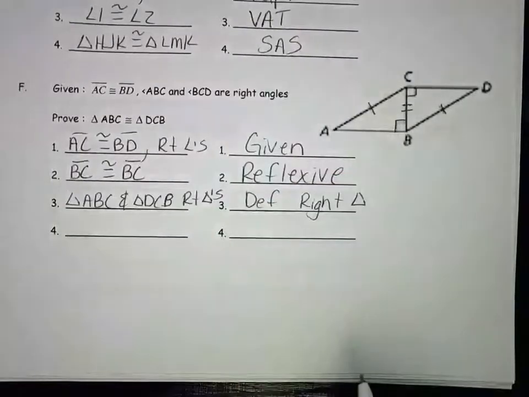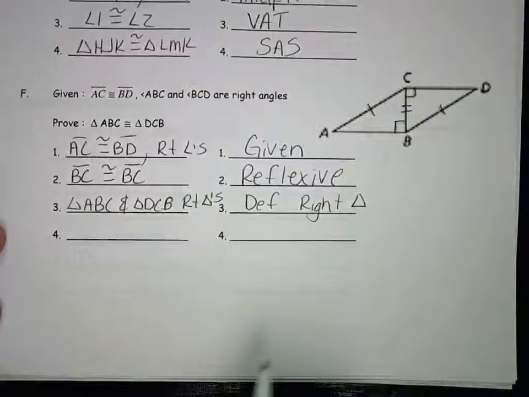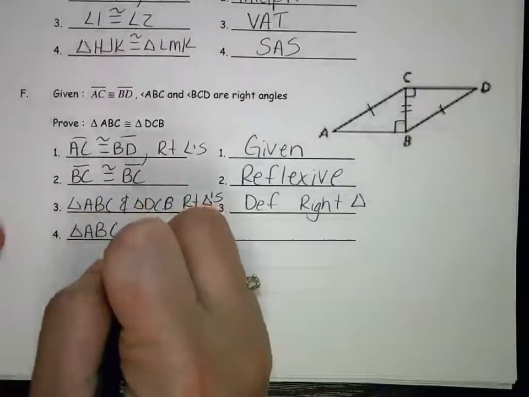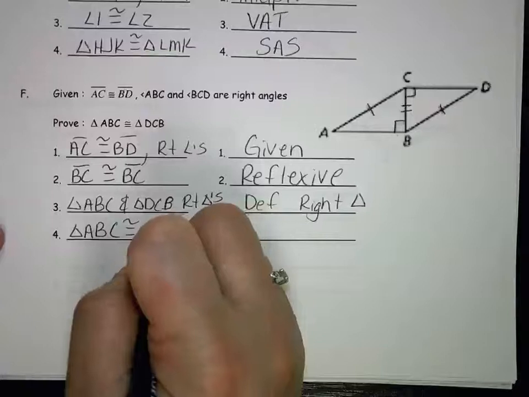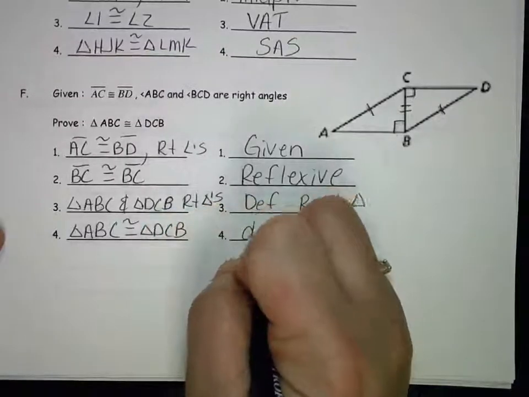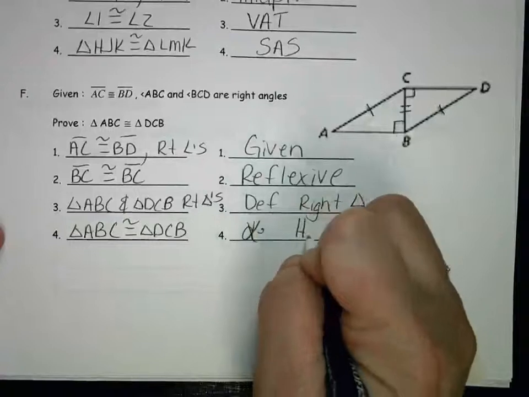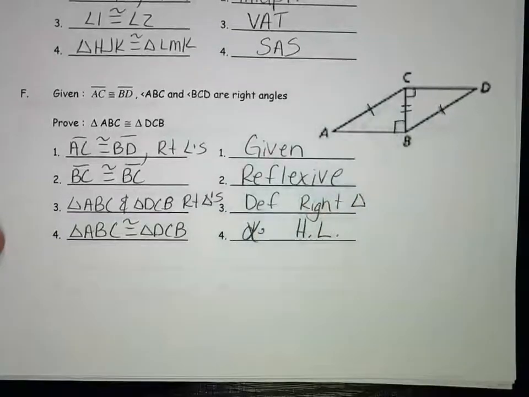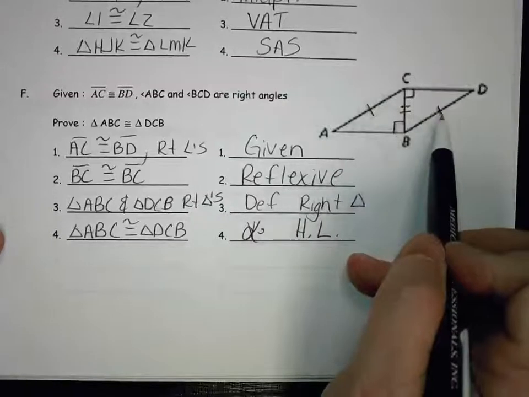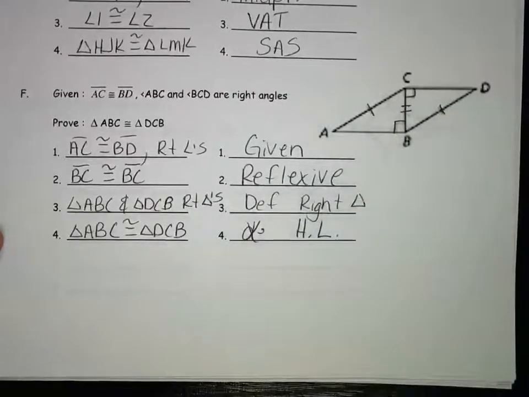And now, since we know those are right triangles, we can say triangle ABC is congruent to triangle DCB, and that is by hypotenuse, leg. Since we have a right triangle, we know we have a hypotenuse. Hypotenuse is equal to the hypotenuse, and the leg is equal to the leg.